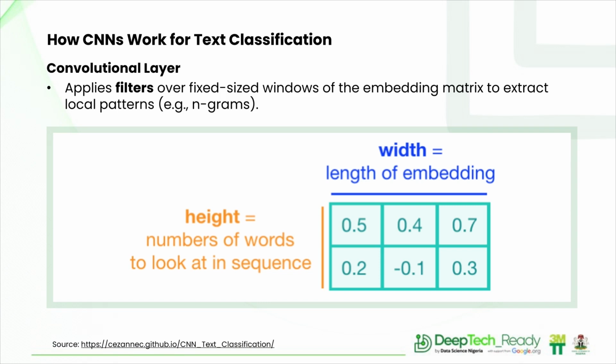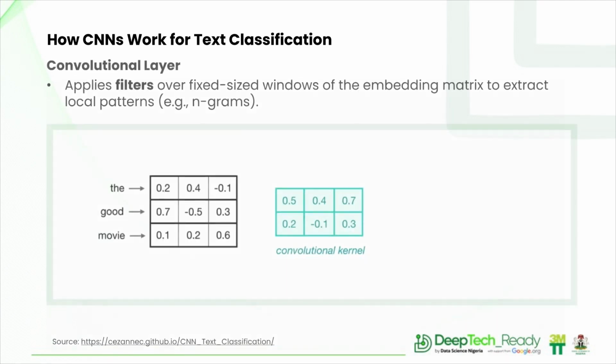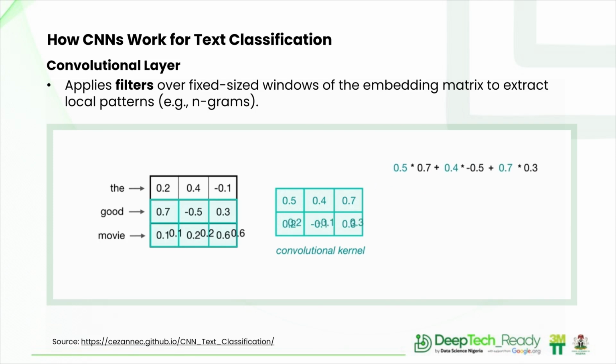The kernel slides over the embedding matrix, multiplying its weights with the embedding underneath, and then summing the values to produce an output feature. This allows the convolutional neural network to detect local patterns such as n-grams across a sequence of word embeddings. Now let's look at an example of what a pair of filtered word embeddings would look like.